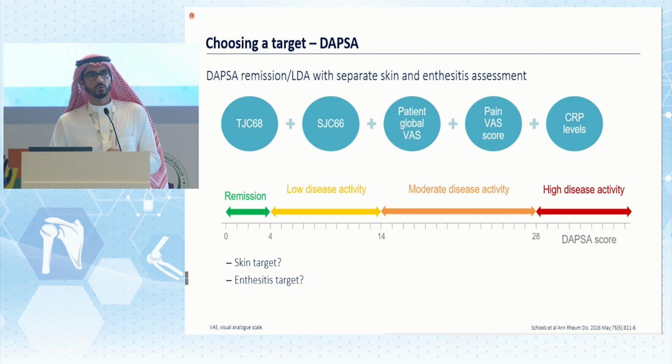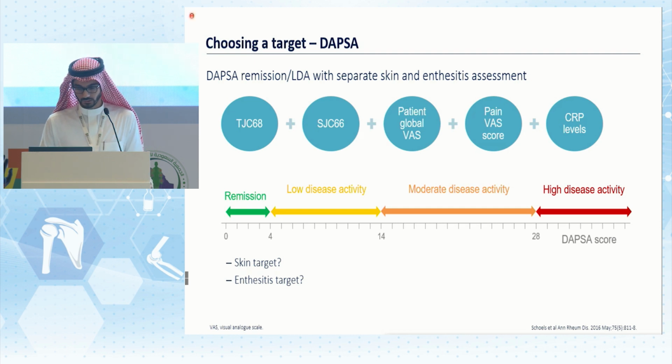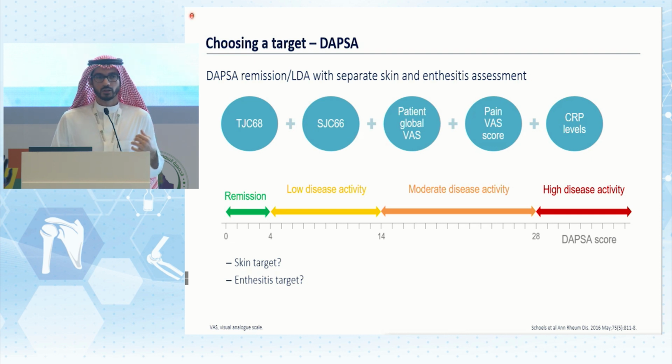Now, the drawback of this outcome measure is that it misses the skin domain, and it also does not provide any insight on the enthesial involvement. The good thing about this outcome measure is that it is easy to perform in a busy clinic. It does not require much calculation. It's just a sum of all these items, and the higher the score, the worse the disease.